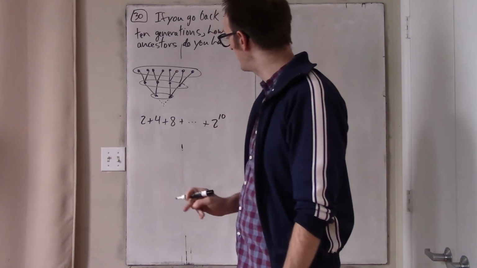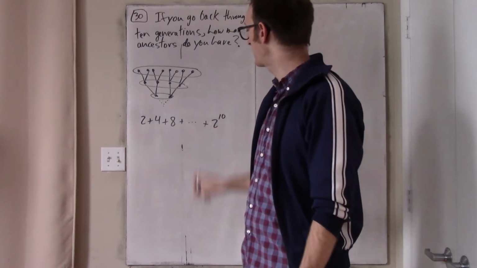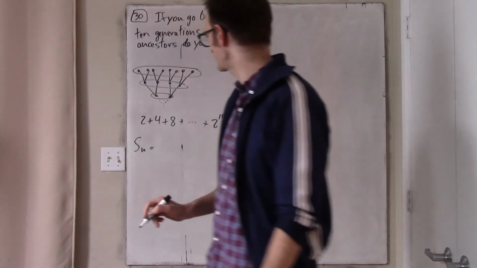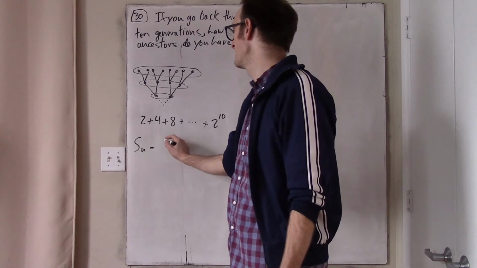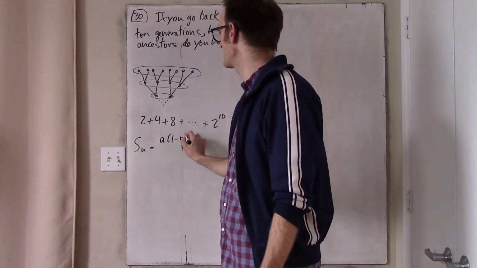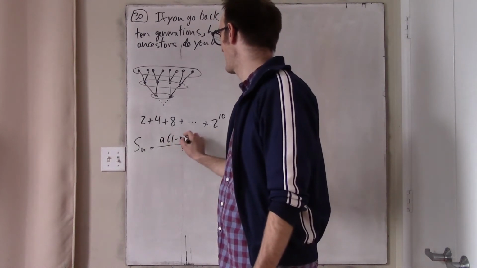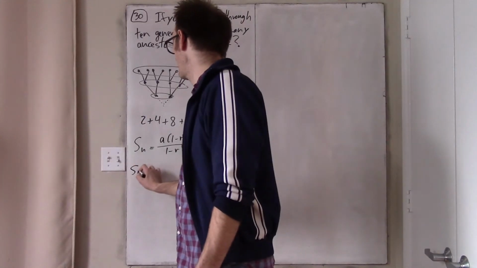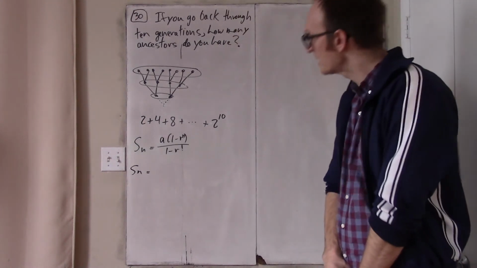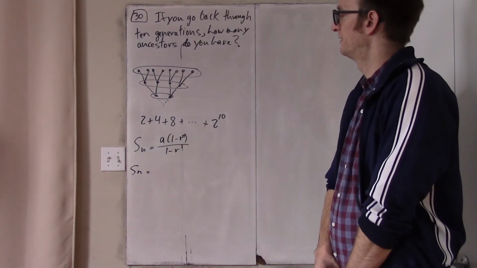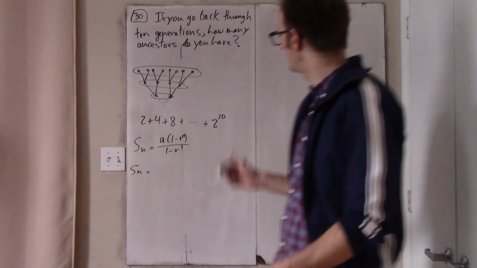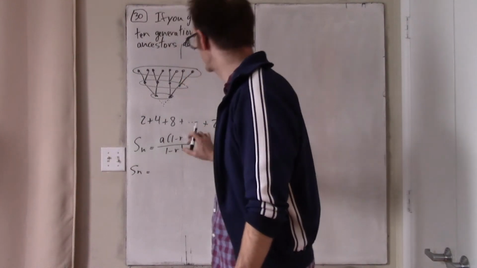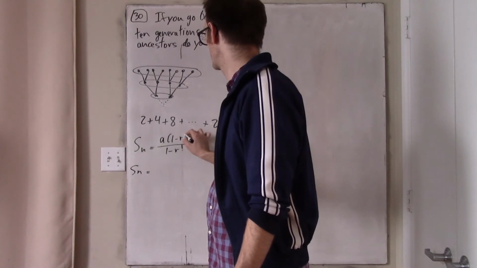If I want to use the formula for the sum of a geometric series, I just need to be a little bit careful, because the formula is the first term a times 1 minus r to the n over 1 minus r.